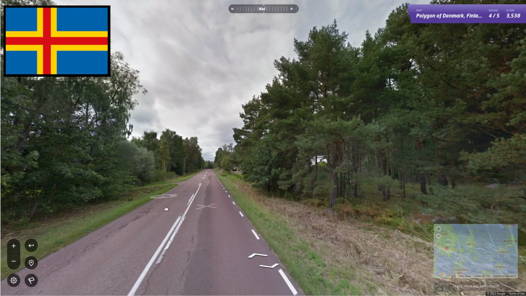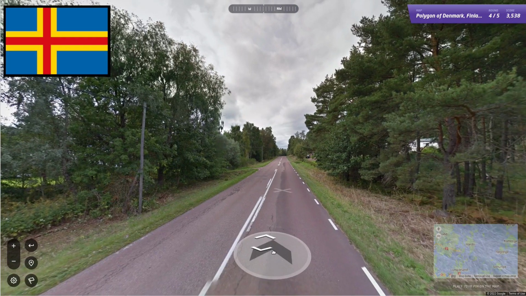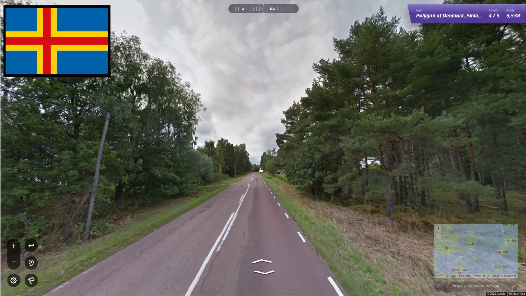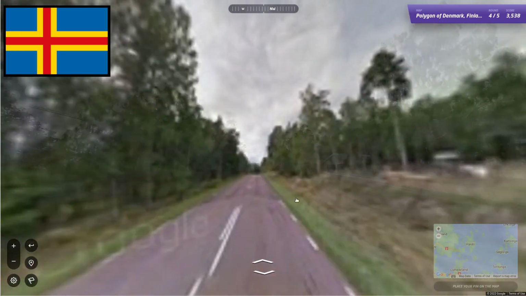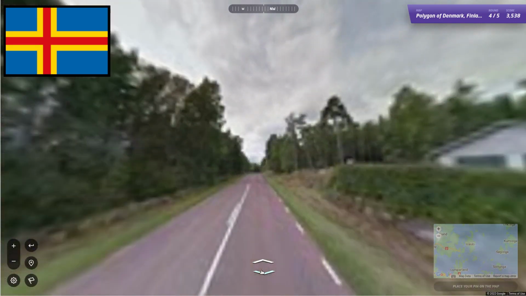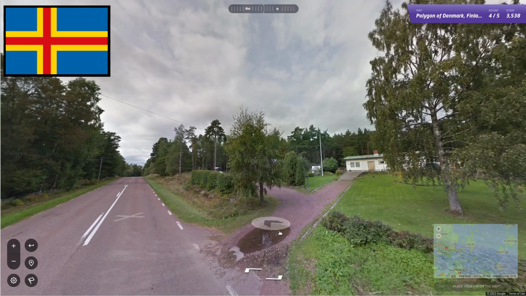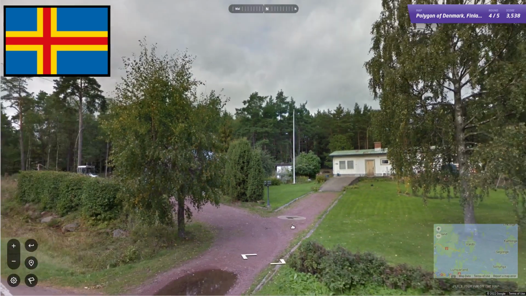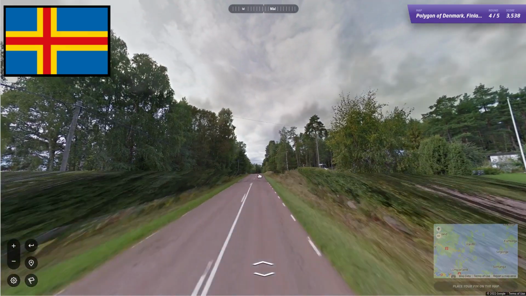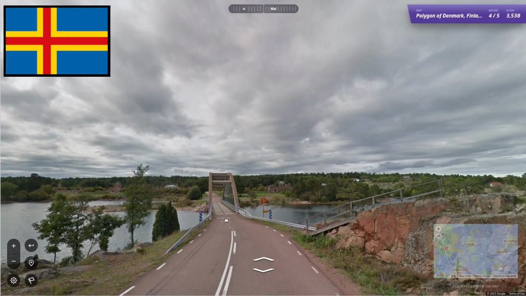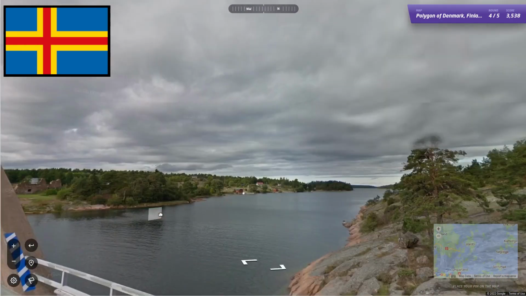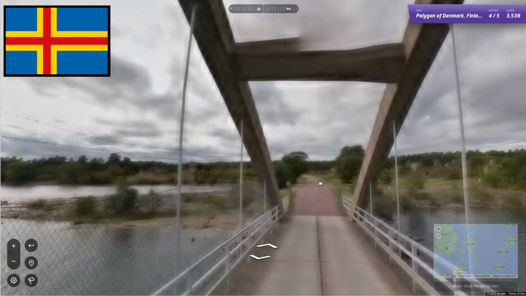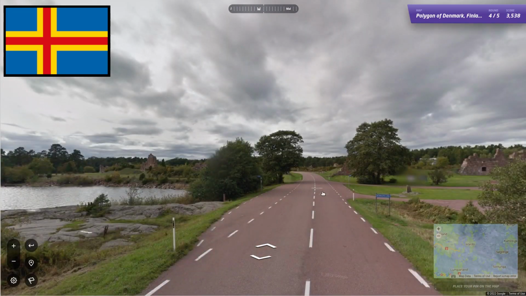One very good hint is that the paving here is reddish. The stone is somehow red here. You can see it from that house. This is not paved, but this sand is red. It's typical of that area. In Åland you can also see a lot of water everywhere because it consists of tens of thousands of islands.